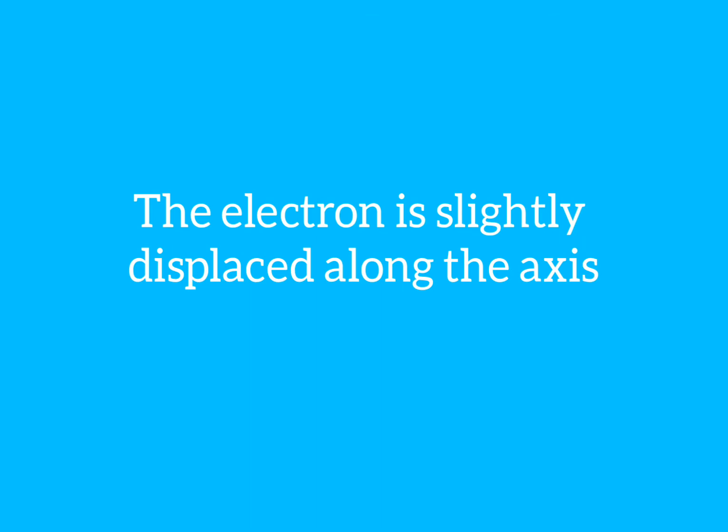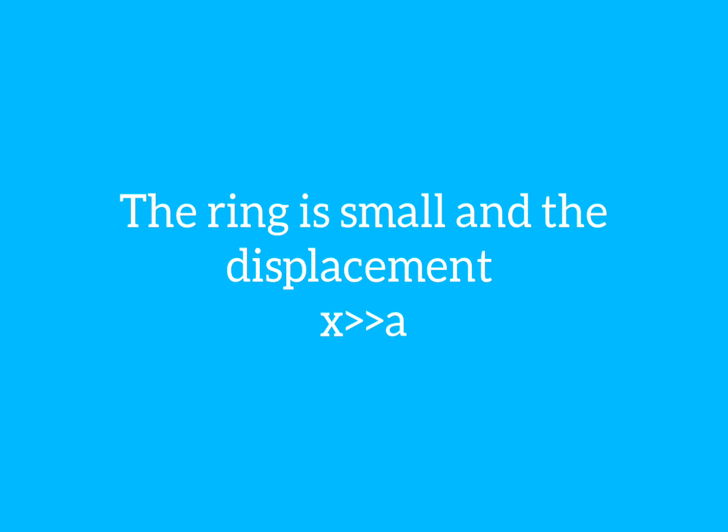Now, the electron is slightly displaced from the center of the ring along the axis. Here the size of the ring is very small and the displacement x is much larger than the radius of the ring.